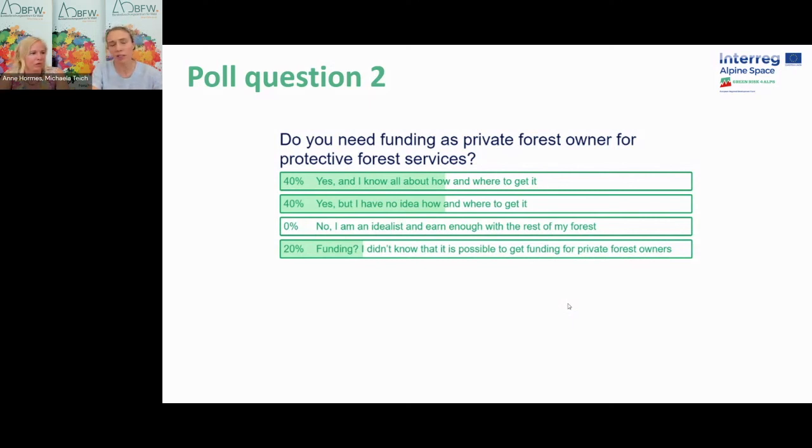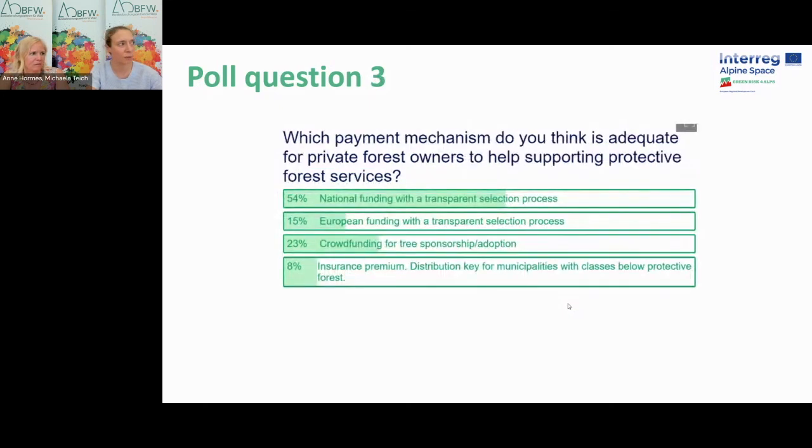I really think they are working on that. The BMLRT, the ministry, has this great website, schutzwald.at, now also available in English at protective-forest.at, where you can find a lot of information. These are great websites, and they can probably also direct you to that kind of information.